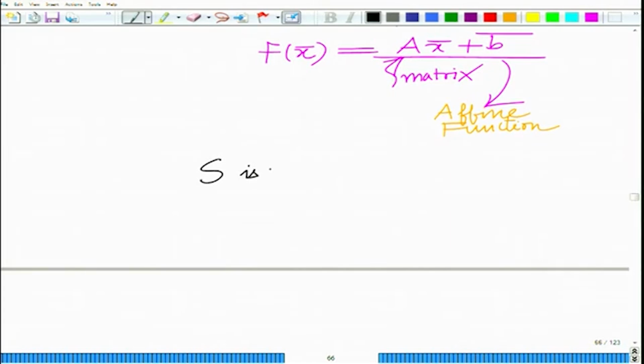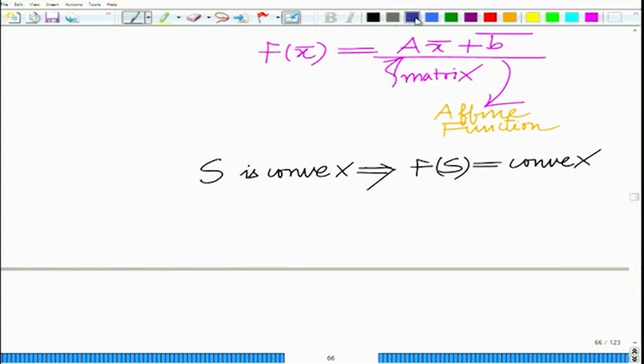Now, under an affine function, the interesting property or its relevance with respect to convex sets is that if S is convex, this implies that f of S, that is, an affine transformation applied on S, and the resulting set f of S is convex.